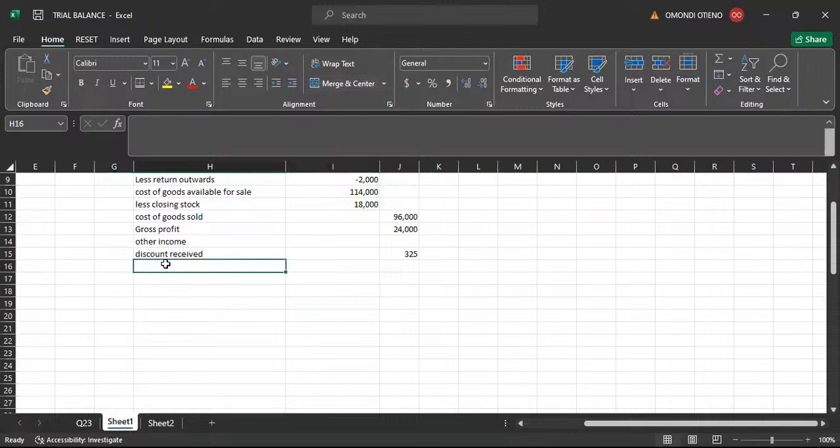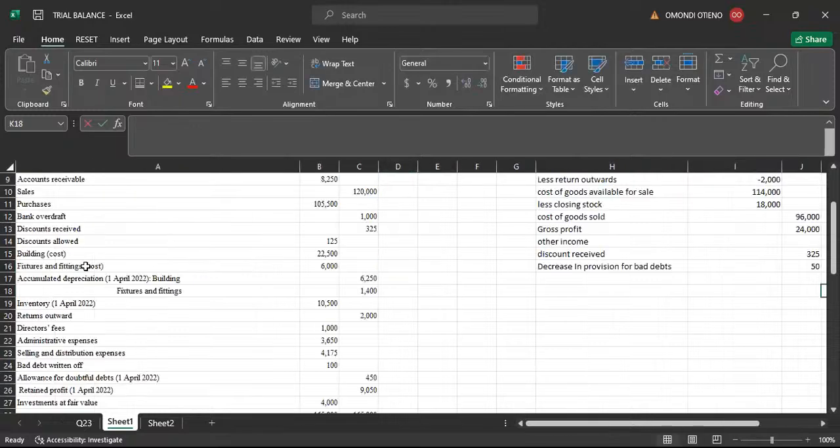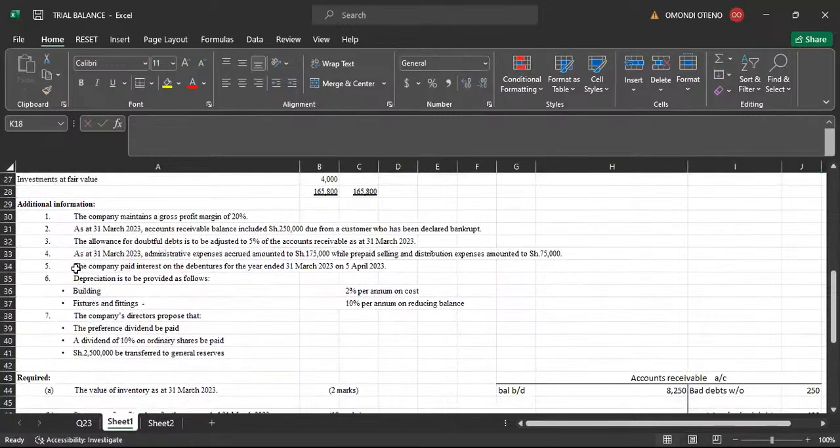Discount received, then decrease in provision for bad debts. We have 50, which is an income. Do we have any other income?